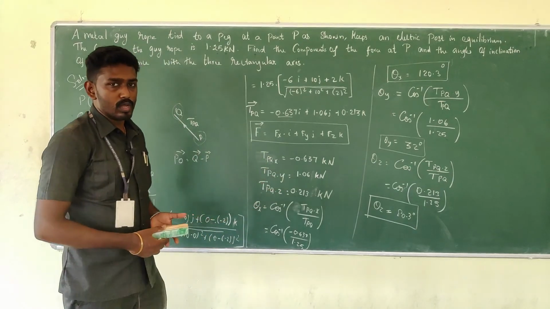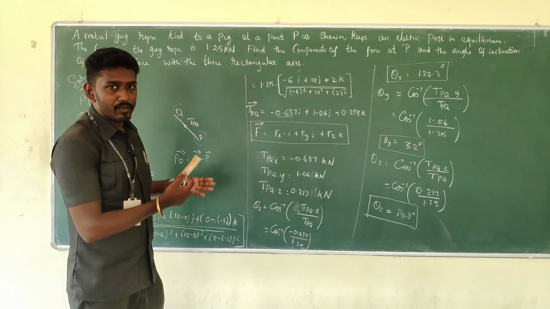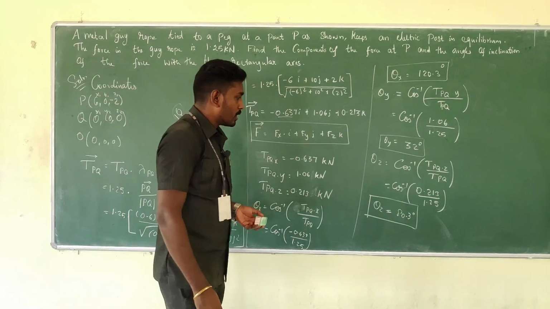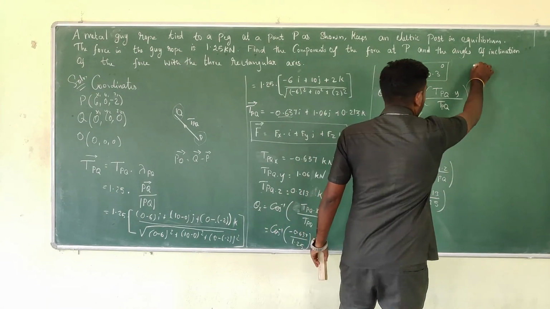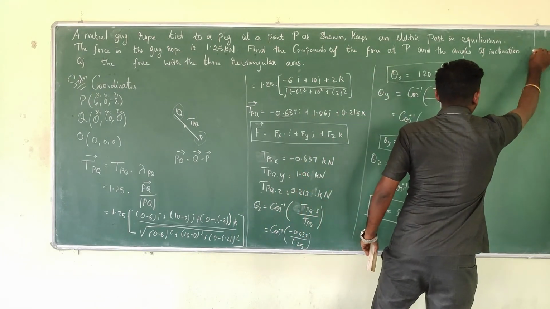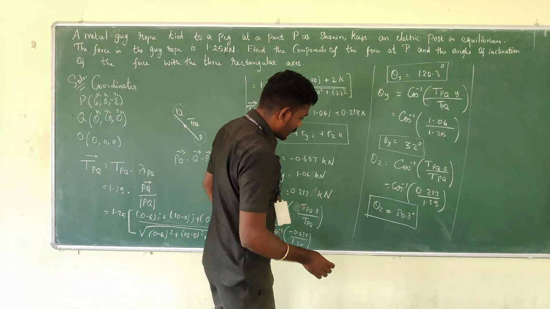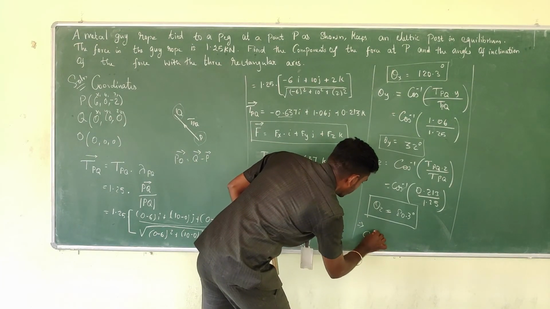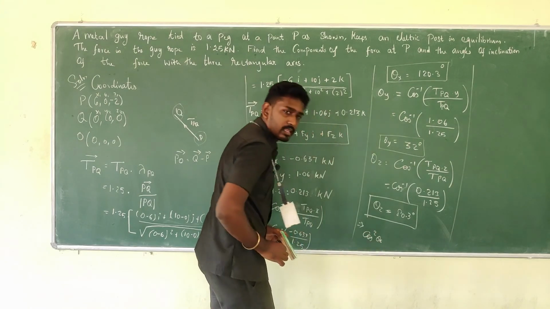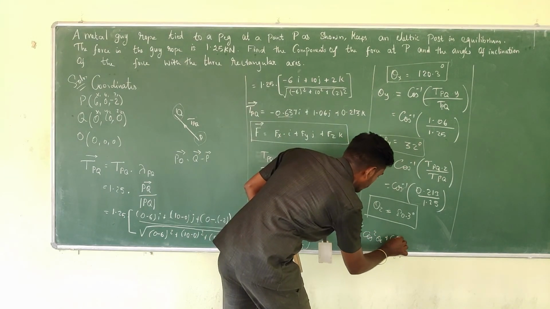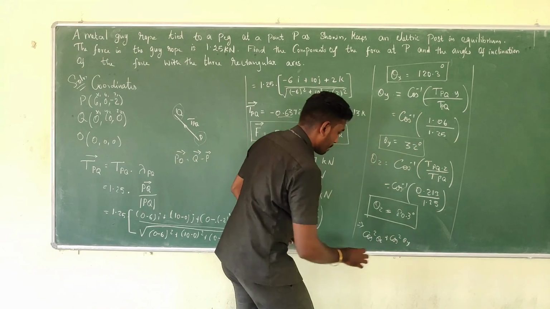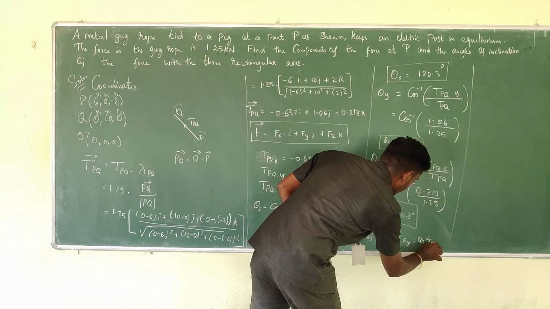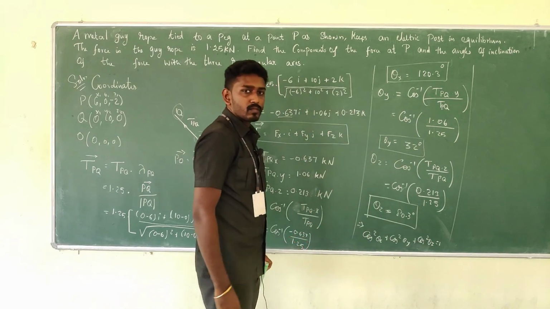If you have doubt whether the arrived answer is right or wrong, we have a formula. In the introduction part, I gave you a trigonometric formula which we can substitute here. That formula is cos square theta x plus cos square theta y plus cos square theta z equals 1.